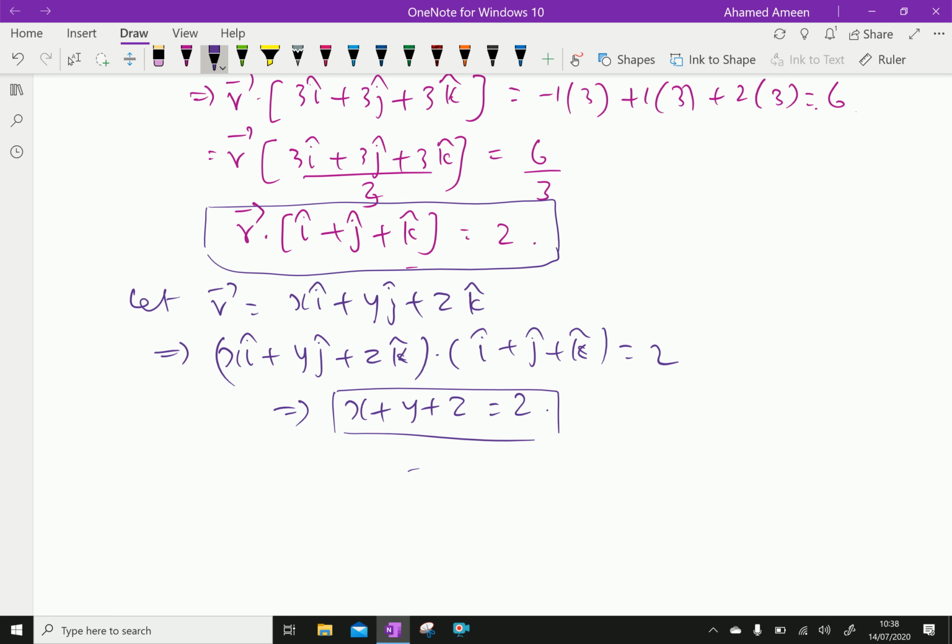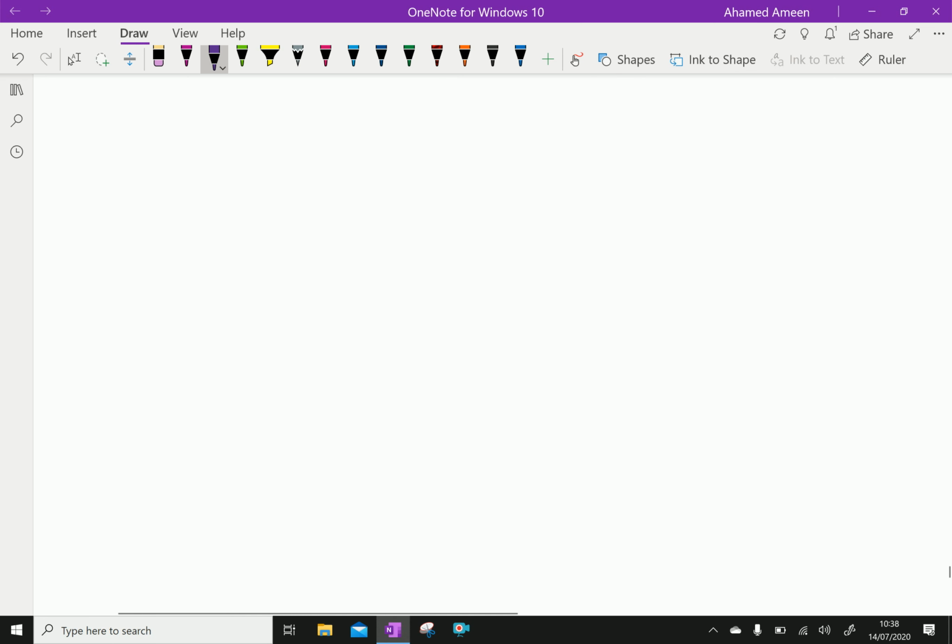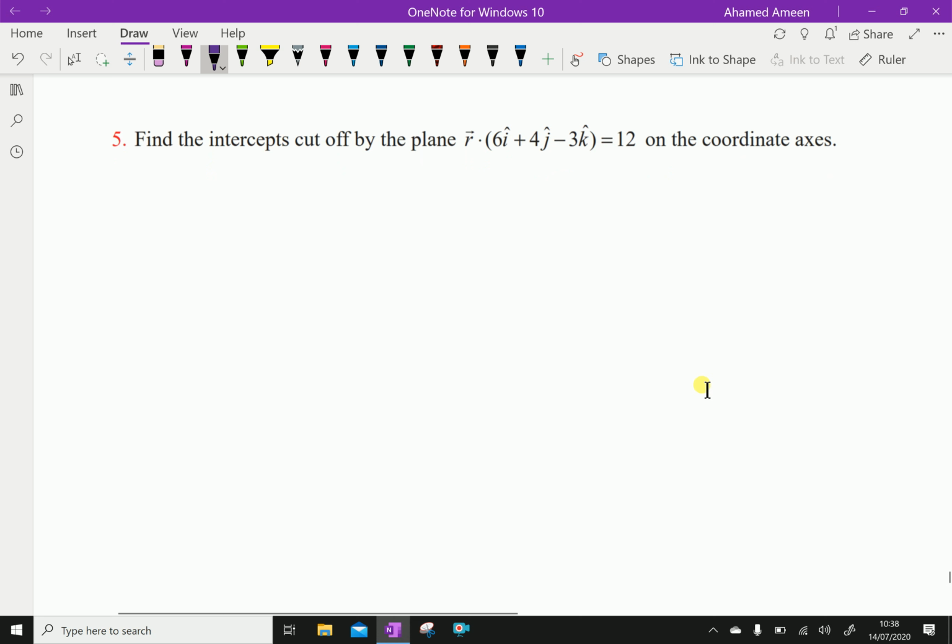Now next, question number 5. Find the intercepts cut off by the plane r vector dot 6i plus 4j minus 3k equals 12 on the coordinate axes.